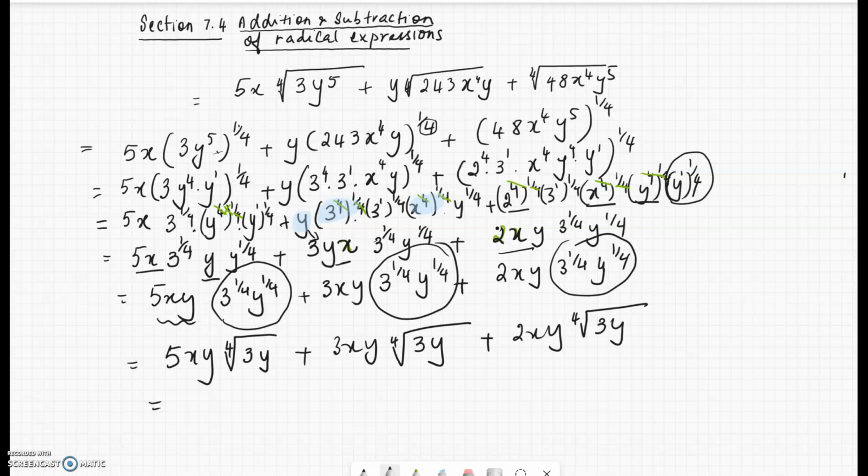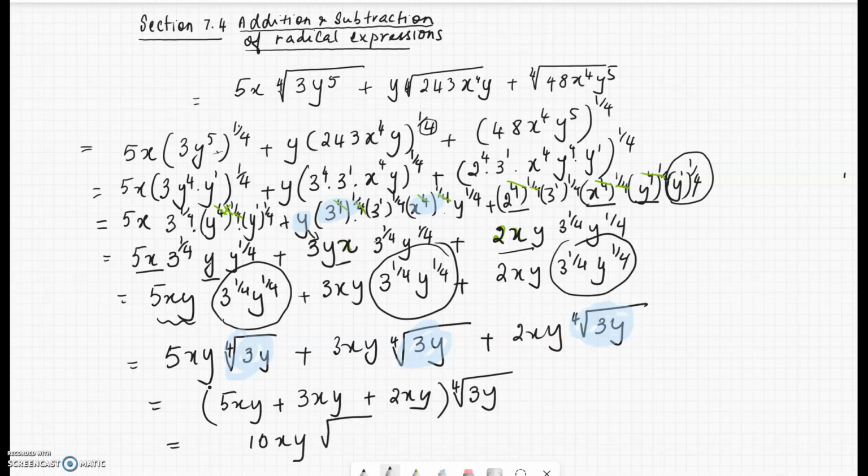Now the common factor clearly is this, so I'm going to factor it out and write it as the 4th root of 3y. So that's 5xy plus 3xy plus 2xy. So this is equal to 10xy times the 4th root of 3y.